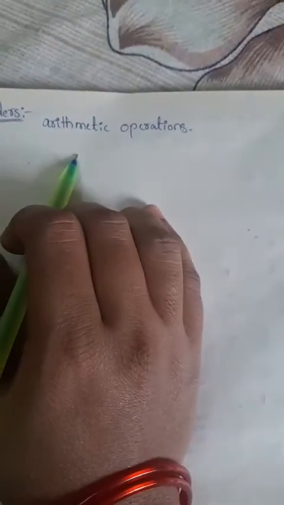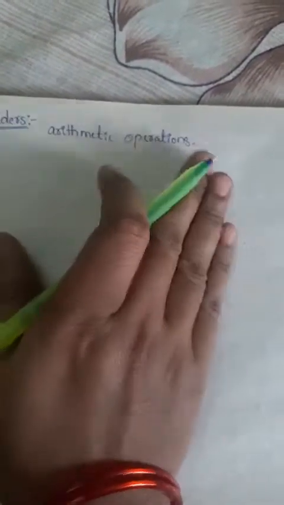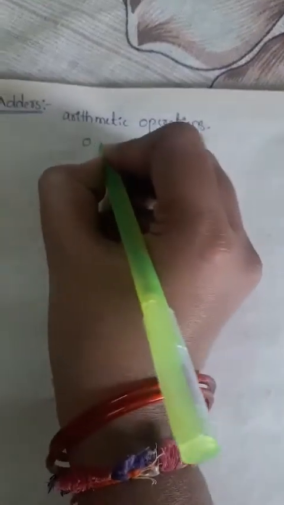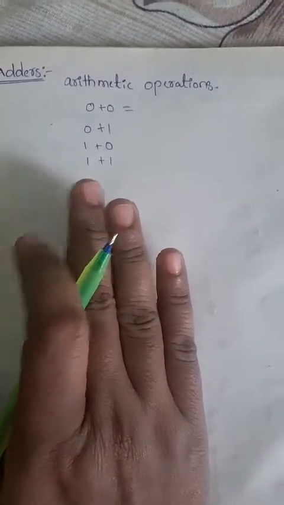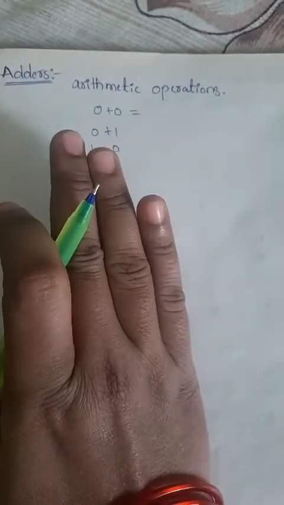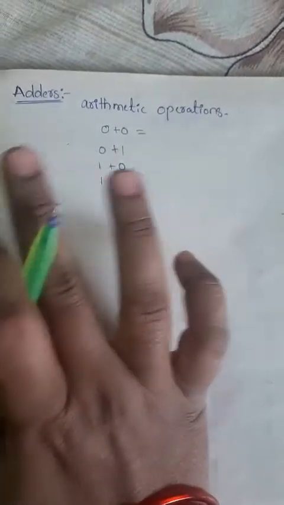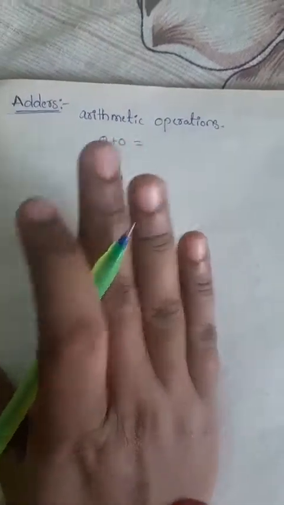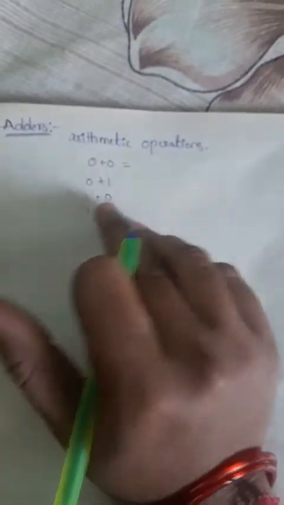This simple addition consists of four possible elementary operations, which you already know from Boolean algebra. What are the four elementary operations? 0 plus 0, 0 plus 1, 1 plus 0, and 1 plus 1. We are adding two binary numbers, and binary digits are 0 and 1.